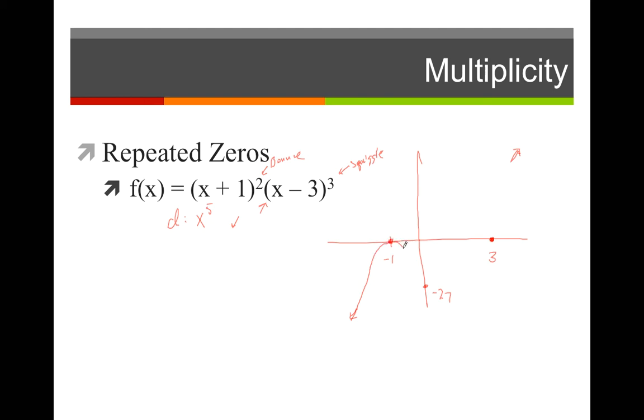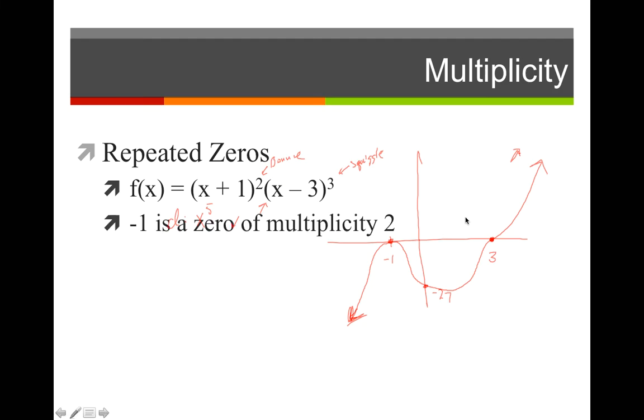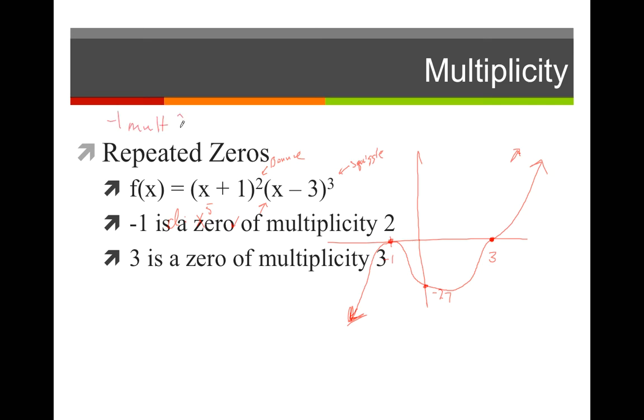I'm going to bounce down through -27, and then I'm going to come up and do a little squiggle through the +3, and that's kind of what this function would look like going through those zeros. So -1 is a 0 of multiplicity 2, and 3 is a 0 of multiplicity 3. Usually when you're writing this on your homeworks, you would say -1 mult 2 and 3 mult 3, multiplicity 3.